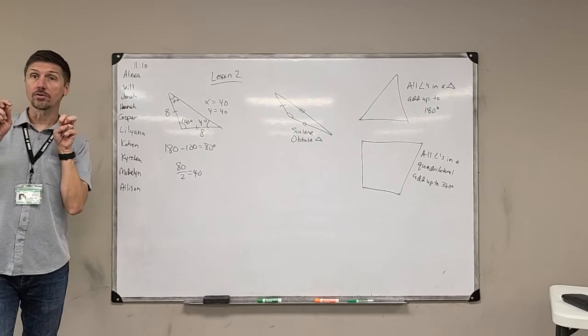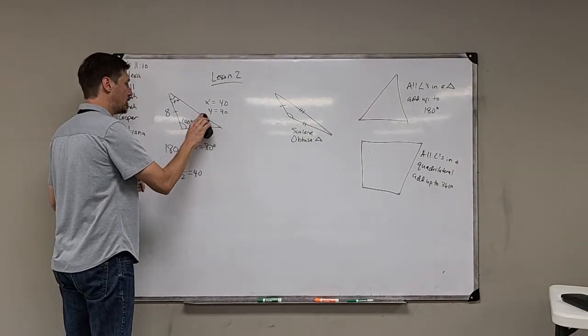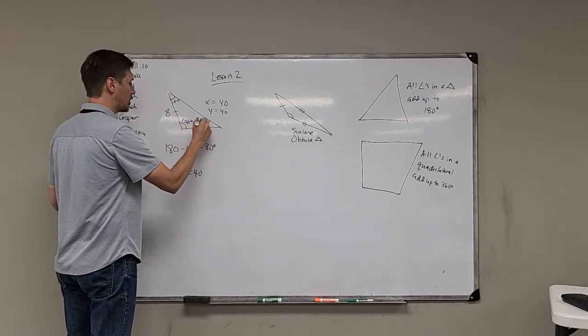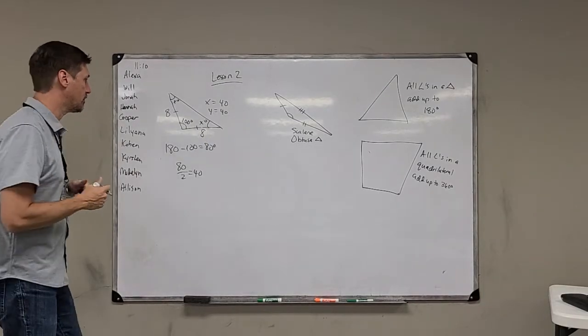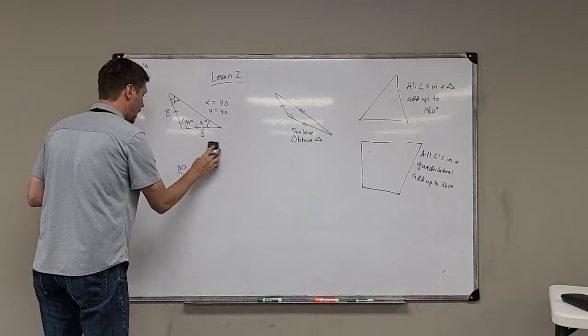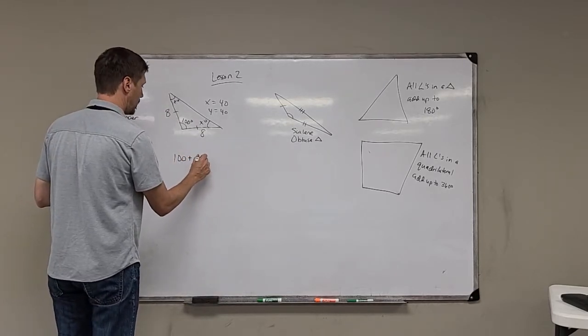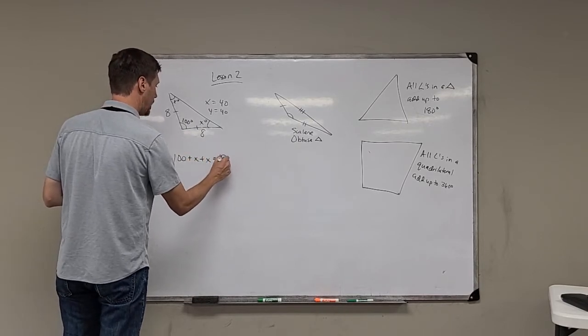Now, if I wanted to do it algebraically, if I wanted to write a little algebra equation, this is what I would do. I would say, okay, these have to be the same, so I'm just going to think of both of these as being x, because the x and the y have to have the same value. And this is what I know: 100 plus x plus x equals 180 degrees.